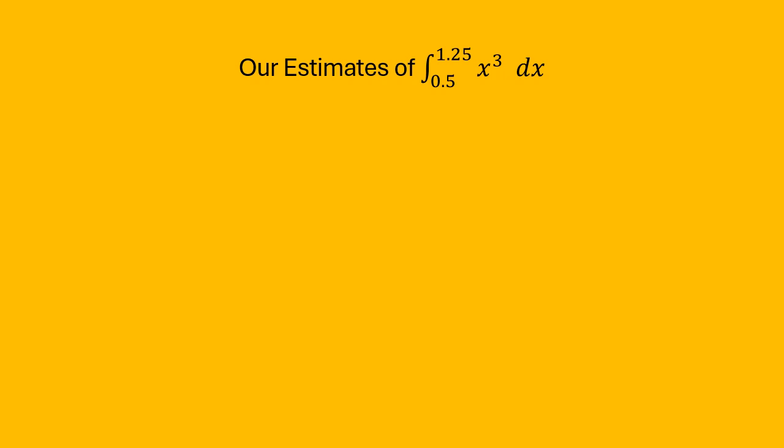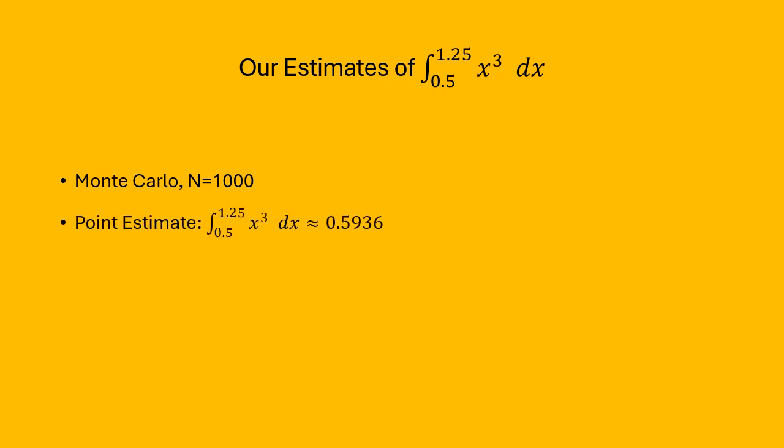So what did we find out when we tried to estimate this integral using the Monte Carlo integration method? First of all, we used the Monte Carlo integration method with n equals 1,000. We looked at an average of 1,000 terms. The point estimate that we got was that the integral is approximately 0.5936.